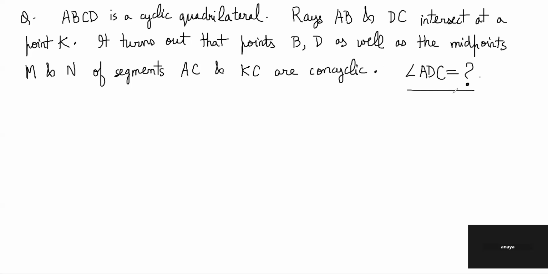What does concyclic mean? They are the points of a cyclic quadrilateral. The points B, D, M, N are the vertices of a cyclic quadrilateral.